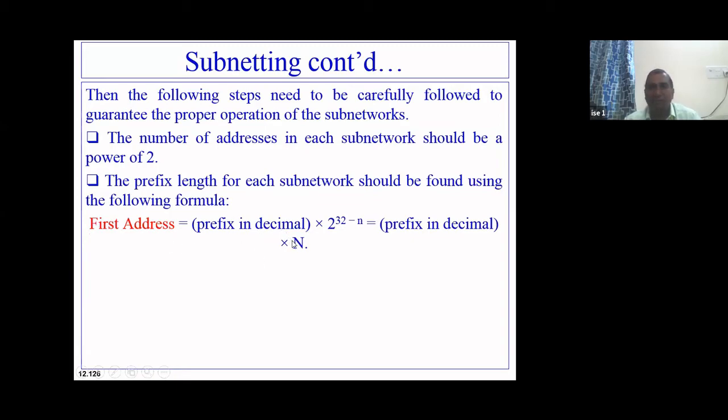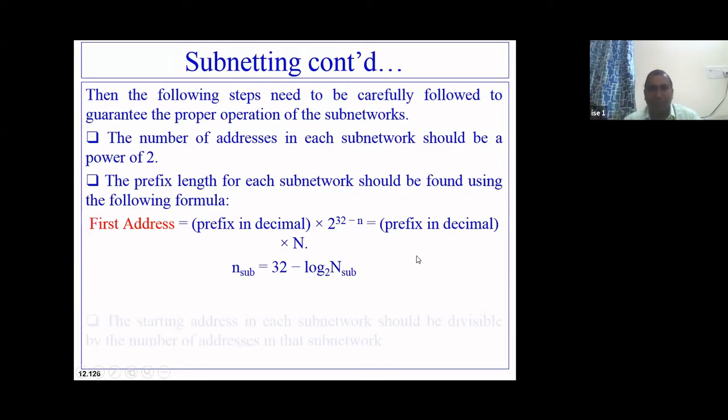The first address is the prefix in decimal times 2 raised to the power 32 minus n, which is equal to capital N. So prefix in decimal into capital N is the first address, and n sub is calculated by the formula 32 minus log to the base 2 of N sub.